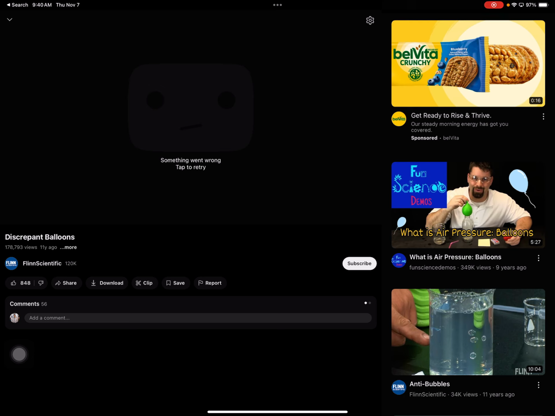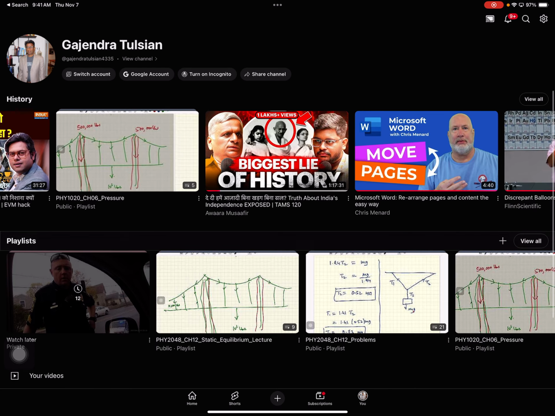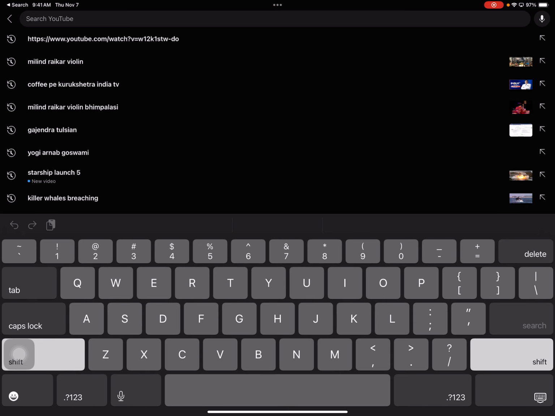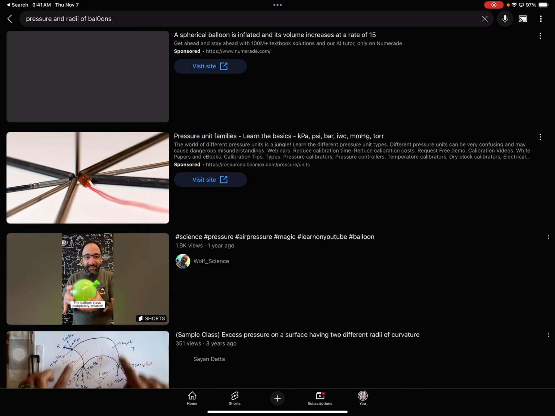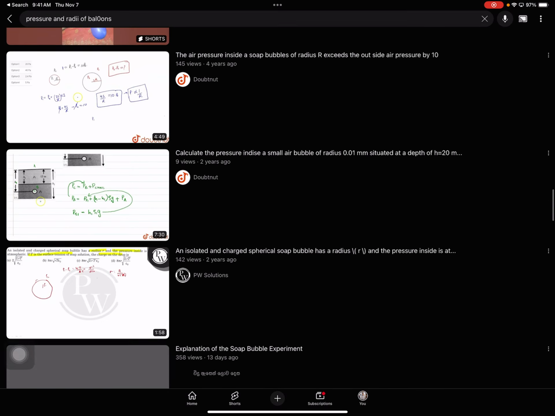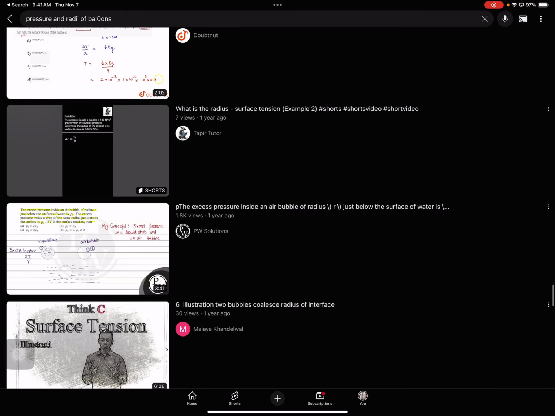How do I reload this? Why wasn't that loading? All right, we won't worry about that.